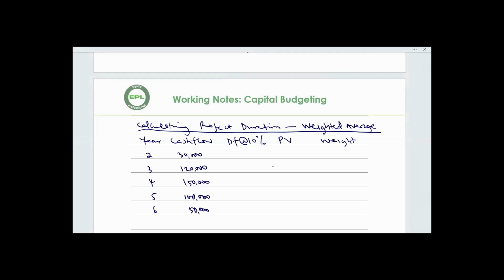Discount factor at 10% for year 2, 0.826, 0.751, 0.683, 0.621, then let me confirm, 1.1 raised to the power of 6, equals 0.564.